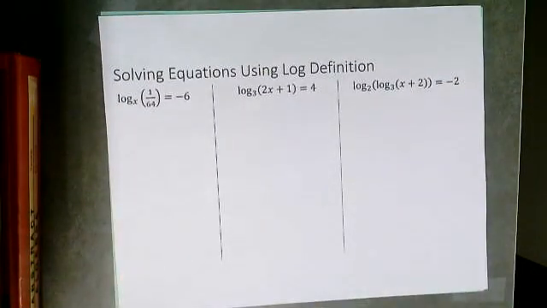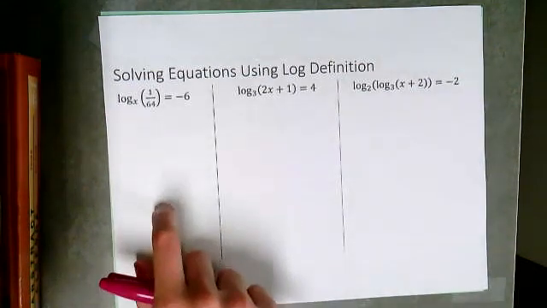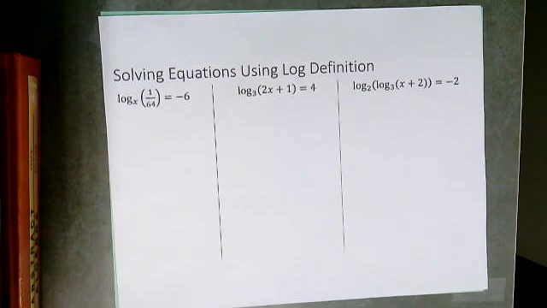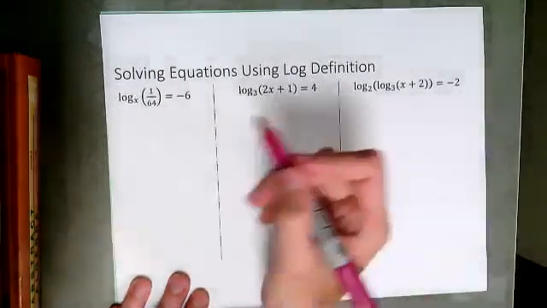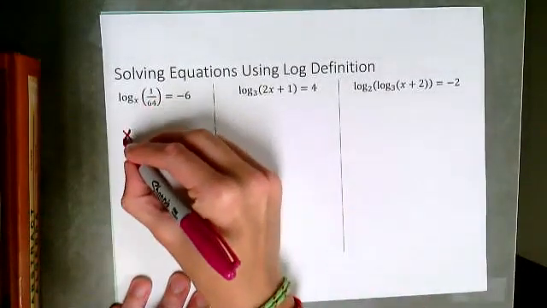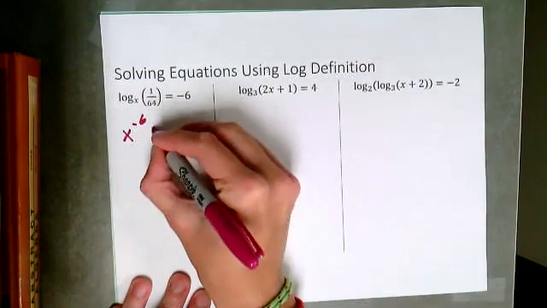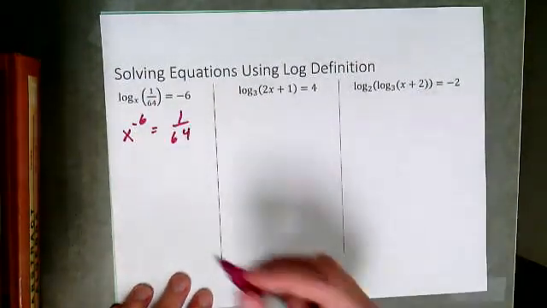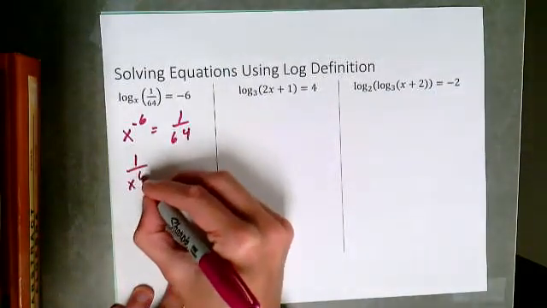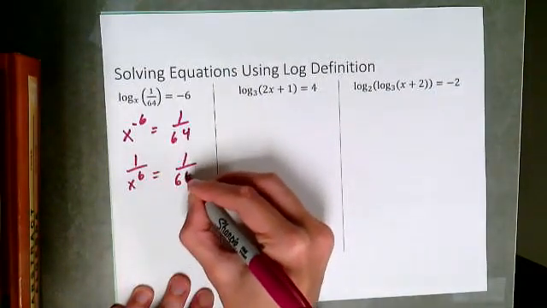Let's move on to solving some things. Well, let's look at this column first. Log base x of 1 over 64 is equal to -6. Well, put that into exponential form and we get x to the -6 is equal to 1 over 64. And so this is 1 over x to the 6 is equal to 1 over 64.